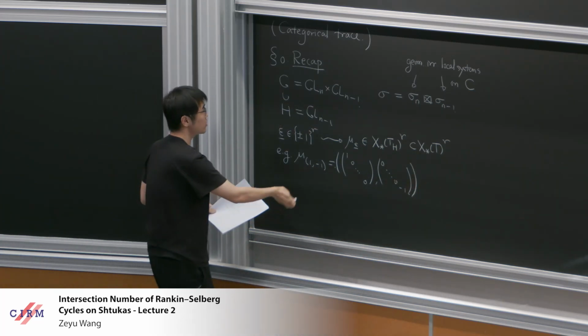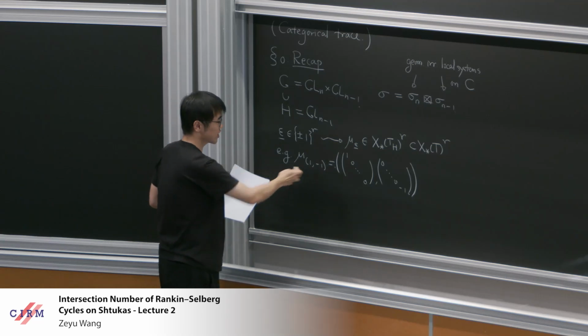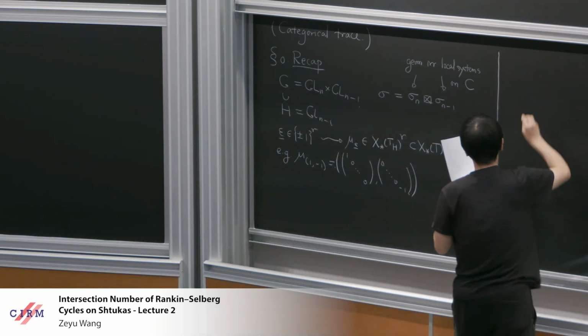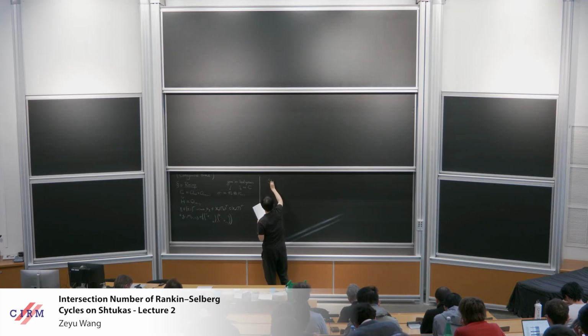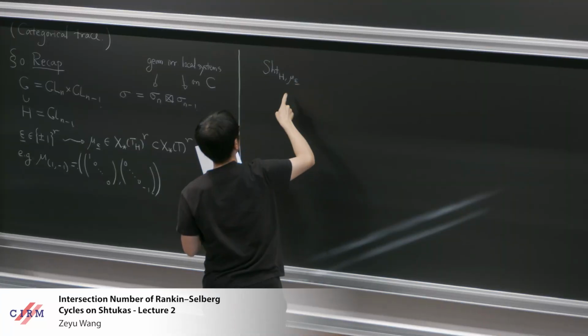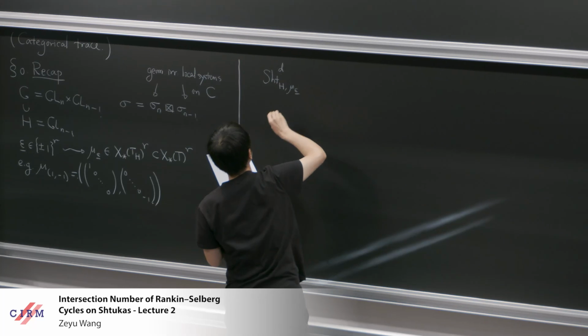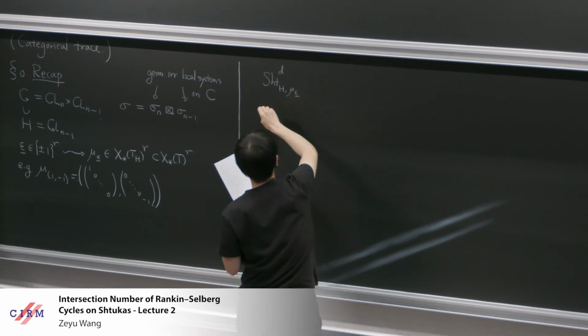And for each kind of this trace, I consider this moduli space of Shtukas for H, with modification type determined by this sequence of co-weights, and I can also fix the degree of the vector bundle here.